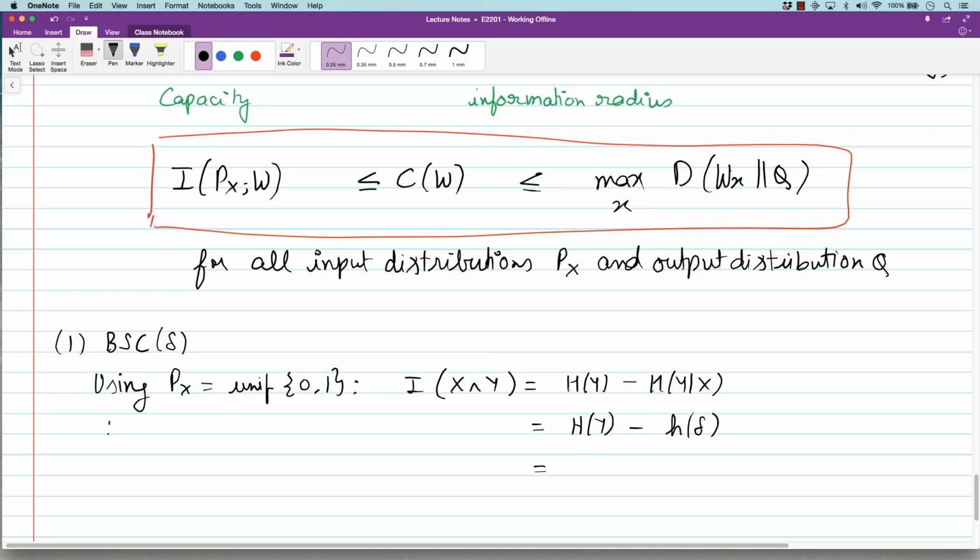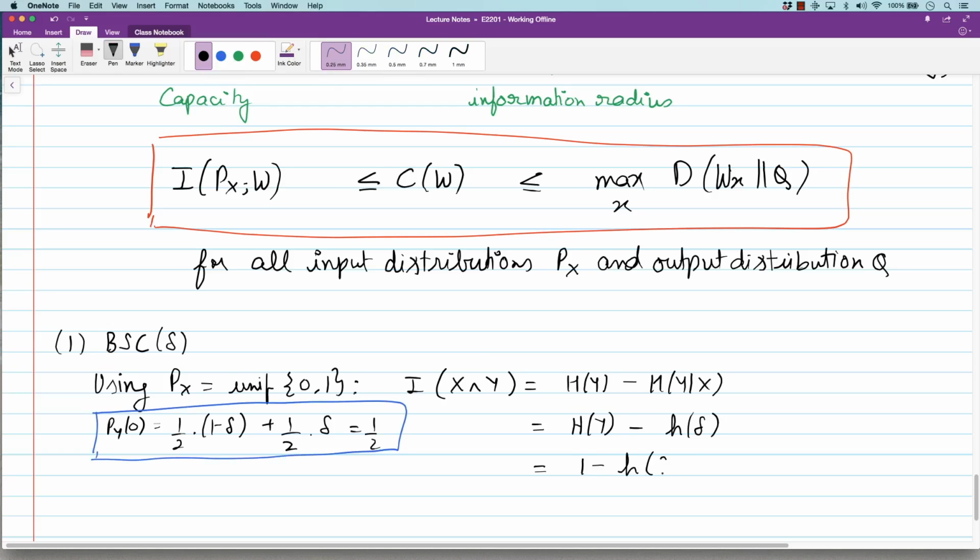The distribution of Y is: with probability half X is 1, and then you see 0 with probability delta, and with probability half X is 0, and then you see 0 with probability 1 minus delta, and overall it's half. So this is half, and therefore Y is uniform, so this is just 1 minus h(delta).